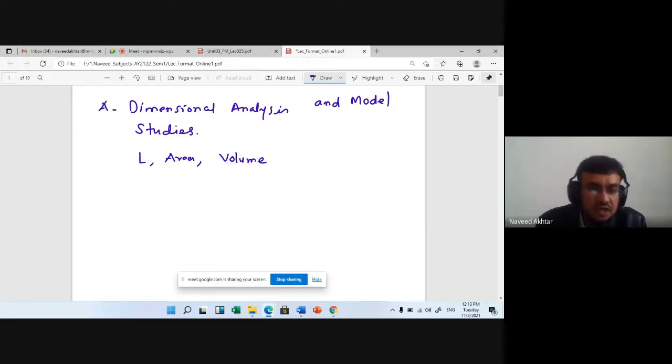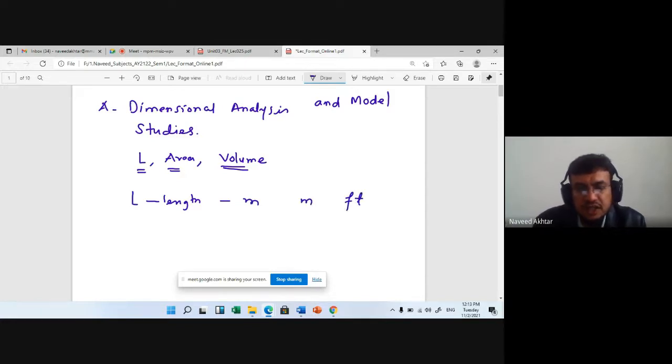Length is the linear measurement, and its SI unit is meter, its metric unit is also meter, and its English unit is feet.